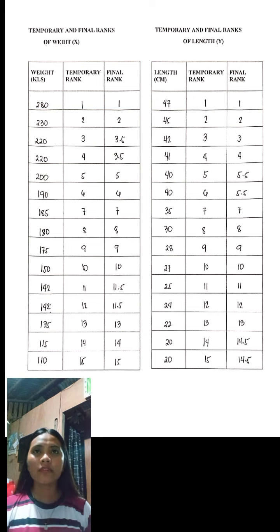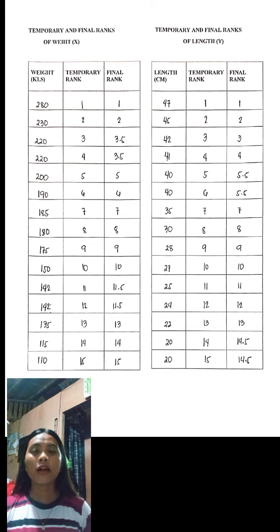Next table, we have the temporary and final ranks of length, or our Y. Same as with the first table from our weight, for the first column we have the length in centimeter, the temporary rank, and the final rank. Same as with the first table, for the temporary rank, we need to put 1 up to 15, which is the number of our watermelons.